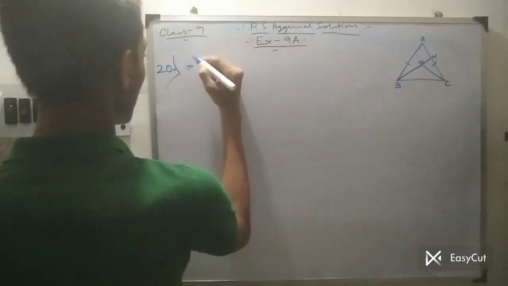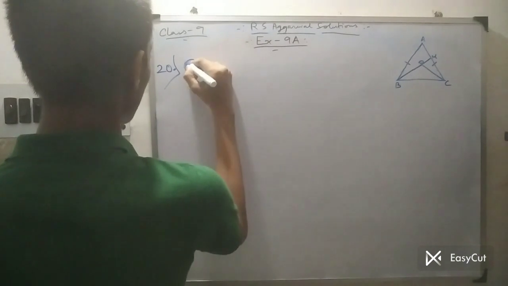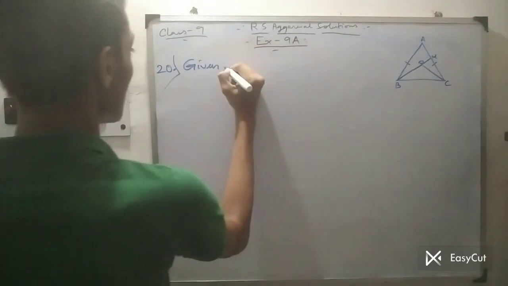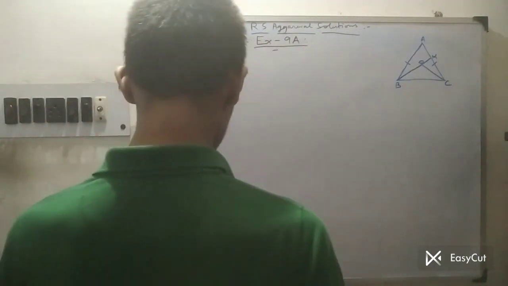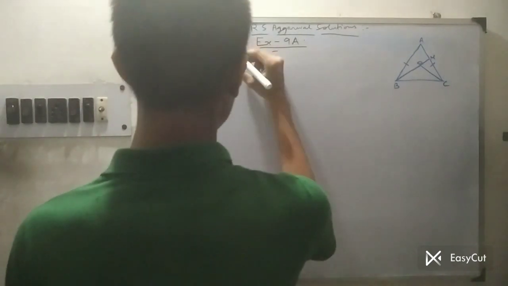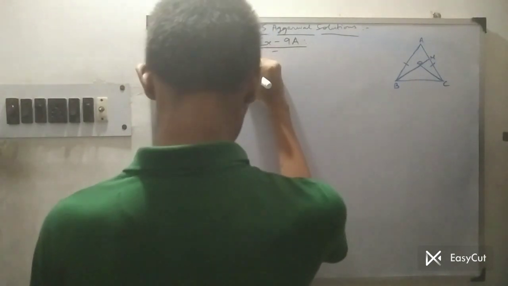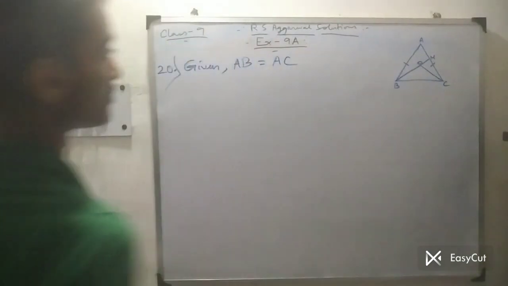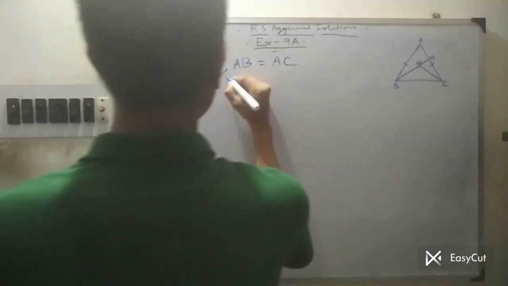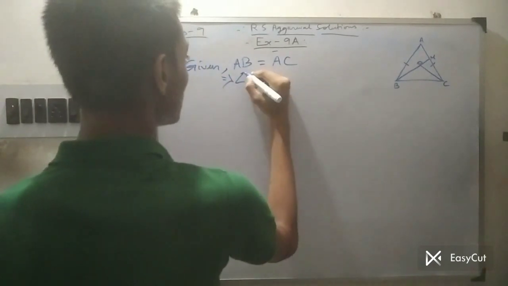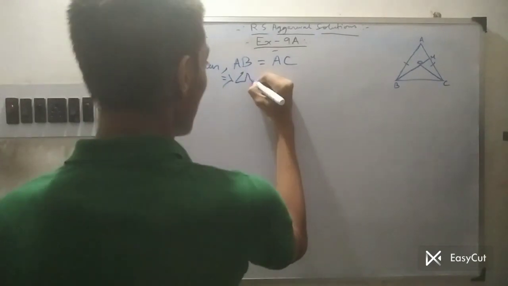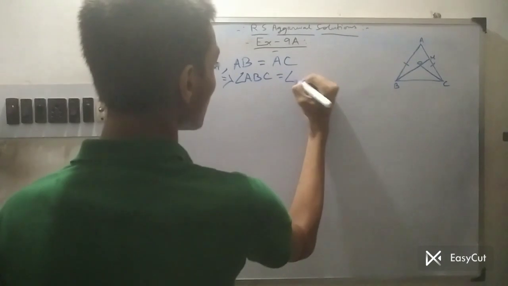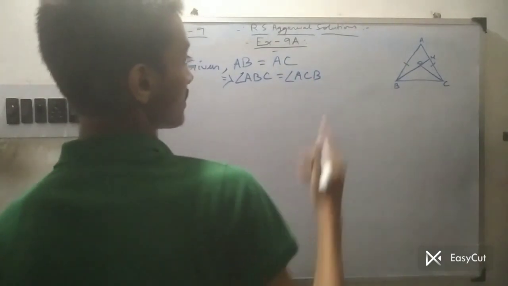So how we will prove that? Firstly we will write, similar to the other ones, what is given to us. First of all, AB is equal to AC. Therefore, angle ABC is equal to angle ACB.